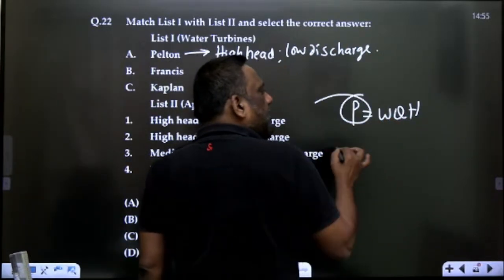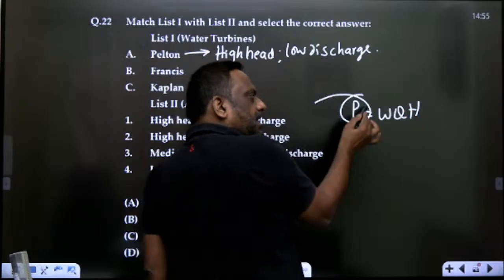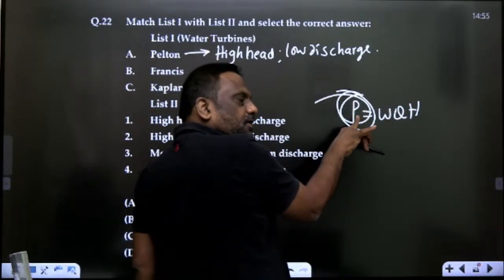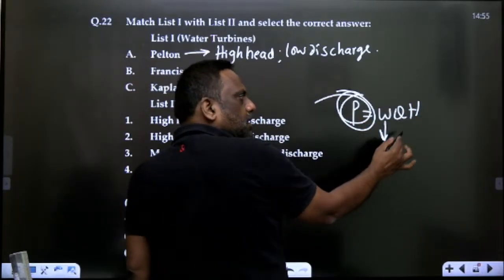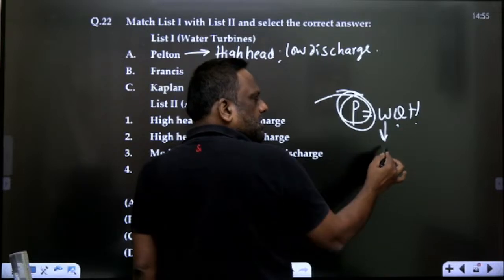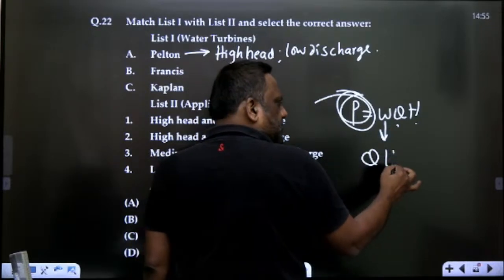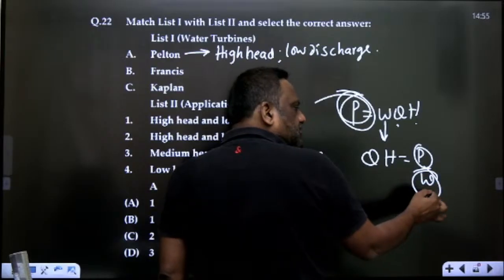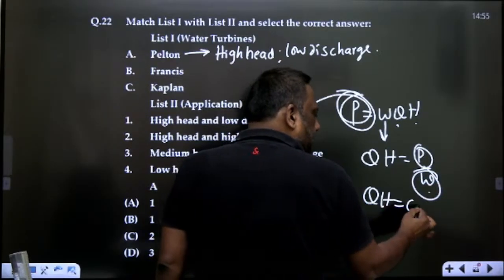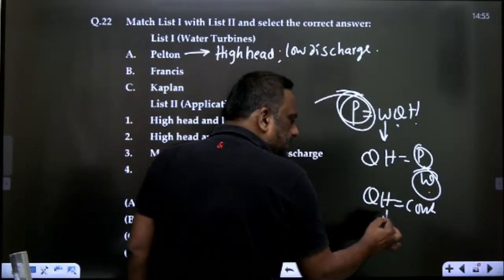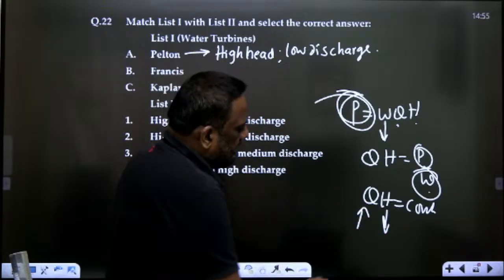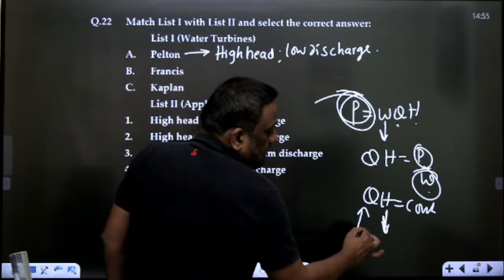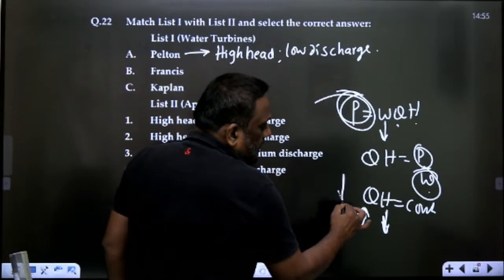For a given power, W is constant, so QH is equal to P by W, which is constant. If the head is high, discharge will be low. If the head is low, discharge will be high. When discharge is low, head will be high.